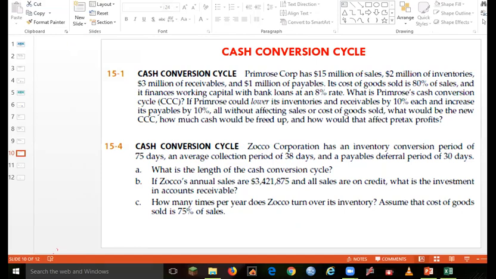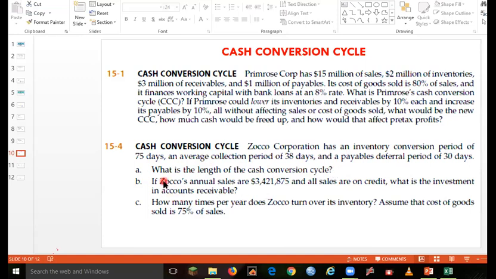Zoco Corporation has an inventory conversion period of 75 days, an average collection period of 38 days, and a payable deferral period of 30 days. So what is the length of the cash conversion cycle? We add inventory and collection period, and we subtract payables deferral period, so we get the cash conversion cycle.